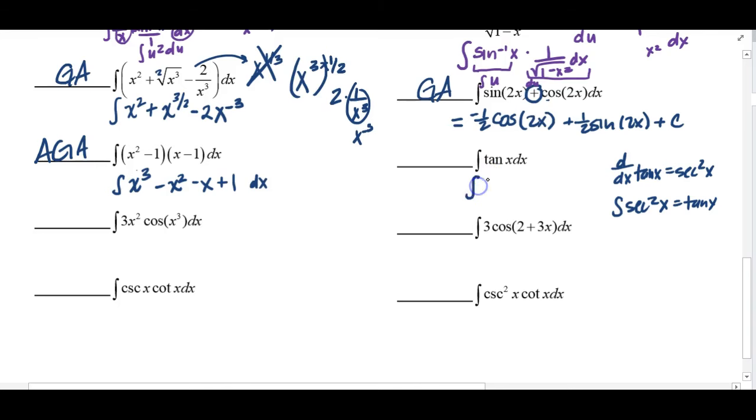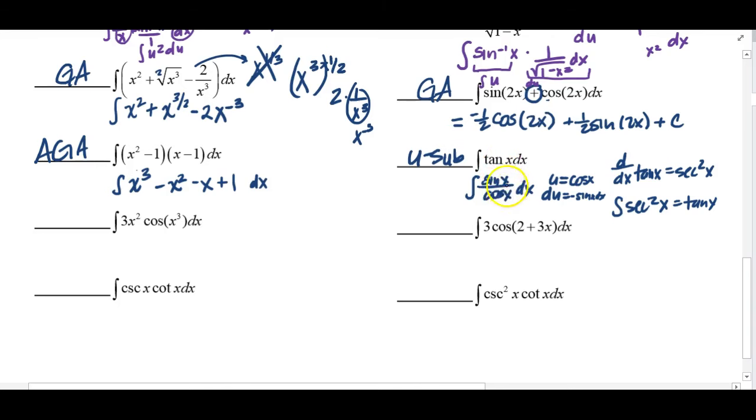So what we have to do is know a little bit of trig. So this is almost like a tee in front of U-substitution, because first I have to do some trig rewriting and know that this is sine x over cosine x. And now I have to use U-substitution, where u is the bottom, cosine x, and then du is negative sine x dx, and it's all going to work out from here with my u sub.